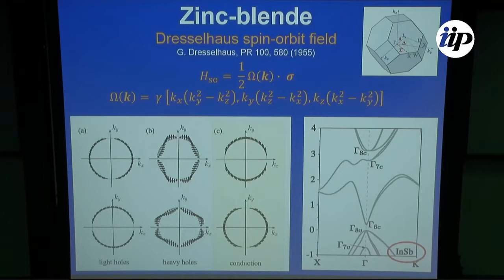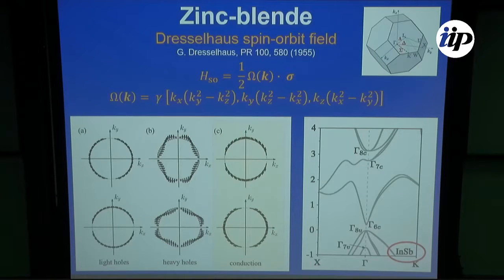So zinc-blende is well understood. Jean Dresselhaus had this paper in 1955. Essentially, he had hidden somewhere this formula that the spin orbit coupling is described as the spin orbit field, which we call the Dresselhaus field, times sigma, and this coupling has this general form. kx, ky, kz are momenta.